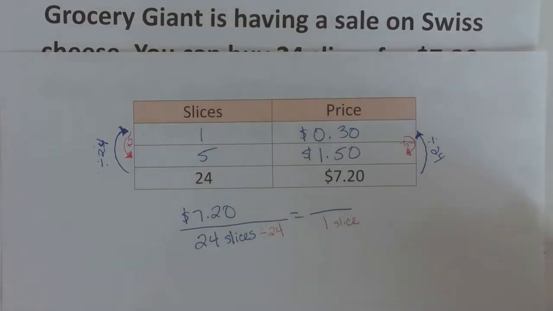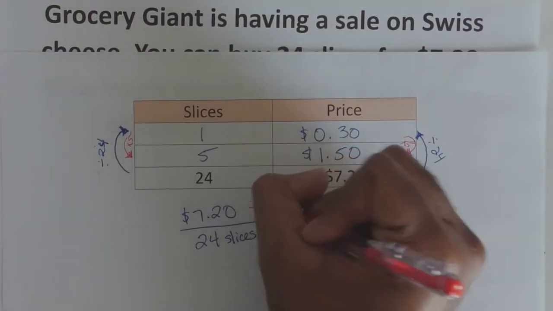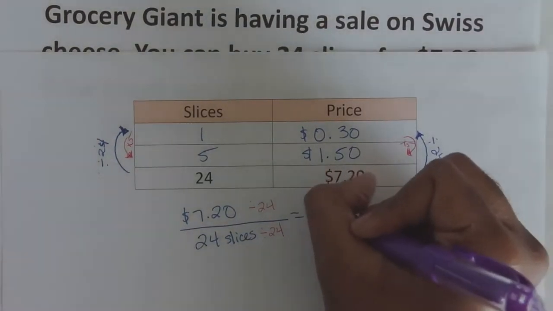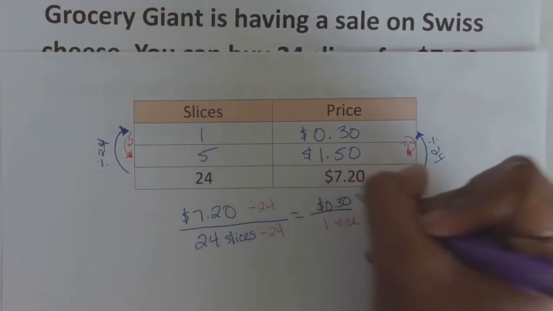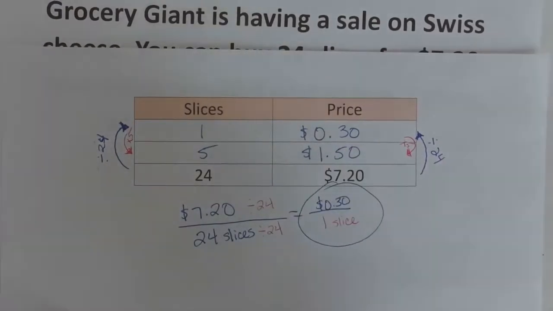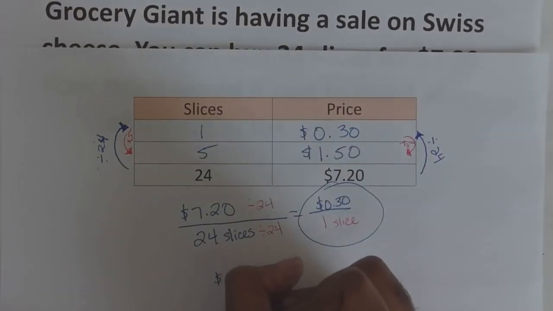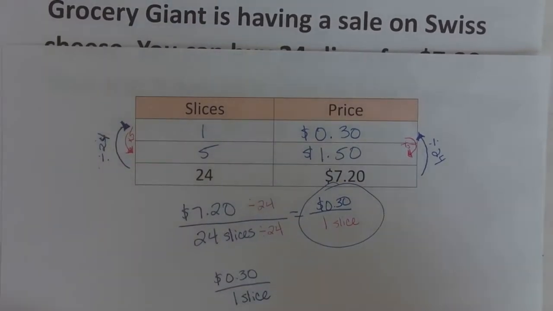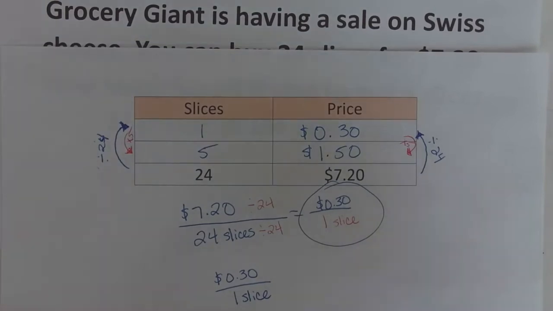Then I can divide 720 by 24, which is going to give me my 30 cents. So we can use the unit rate to find out how much it would cost for 5 slices now that I have this information. So I'm going to take my unit rate, or my unit price, and now since I'm looking for 5 slices, I can multiply by 5.